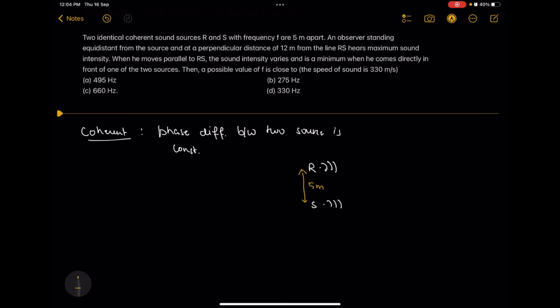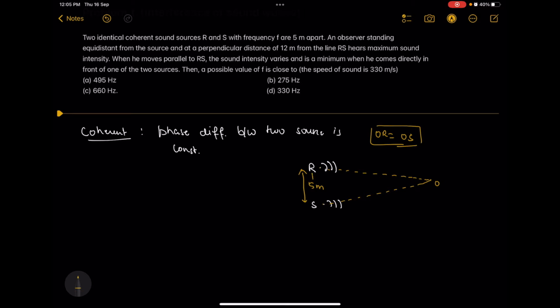And an observer is equidistant from the sources, at some point O, so OR is equal to OS. This is given, and the perpendicular distance is 12 meters from line RS.